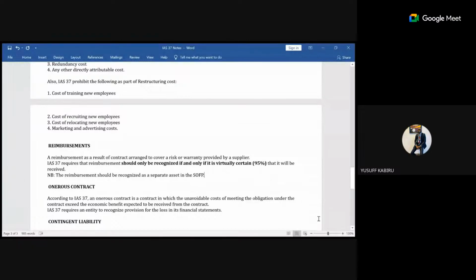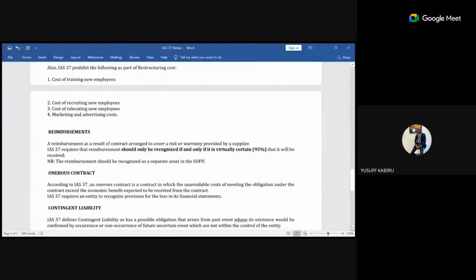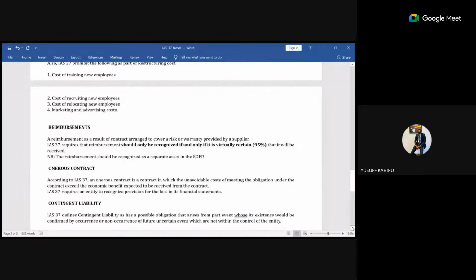Then we have the onerous contract. Just like I said earlier, an onerous contract is a loss-making contract. It is a contract that arises as a result of loss.